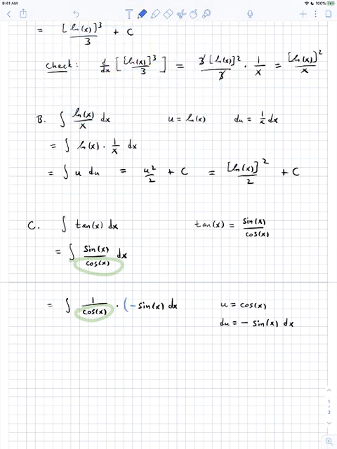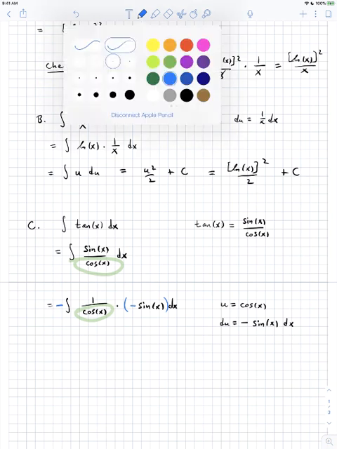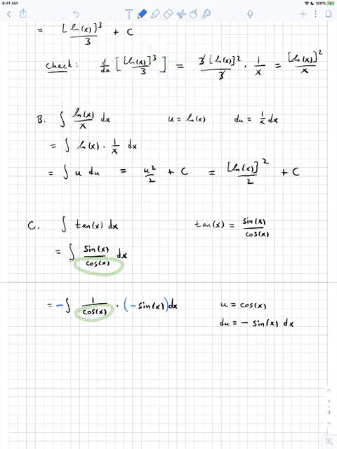Let me put some parentheses around it so that we don't accidentally think that we're subtracting. We're multiplying by -1, but of course if you multiply by -1, you have to put a minus sign in front as well, because minus a minus is positive. But at this point, we now have 1 over cosine of x is 1 over u, and the opposite of sine of x dx, that's our du.